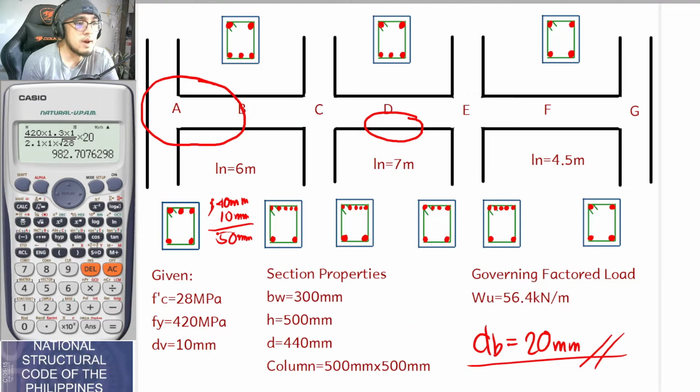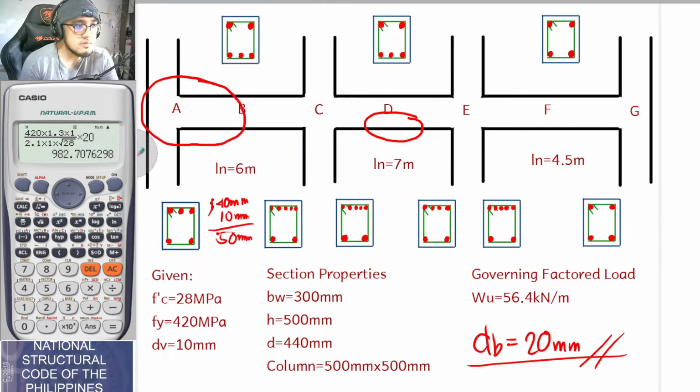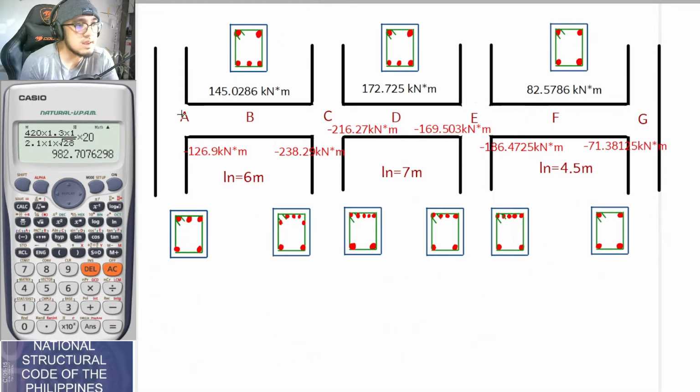So going back here, if that is our minimum Ld, or the minimum development length, it means that in this part, your development length should be 0.98 meters here, and 0.98 meters here, as well as for the other.